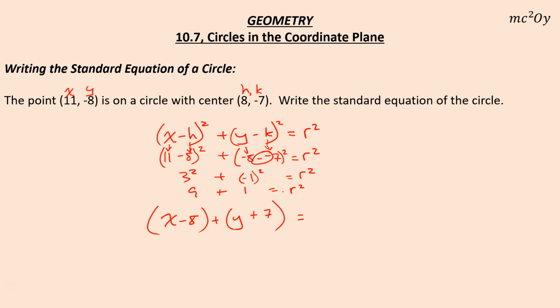So r squared equals 10. If r squared is 10, that just needs to be put right there. We now have our equation. So use what you know to find what you don't know.